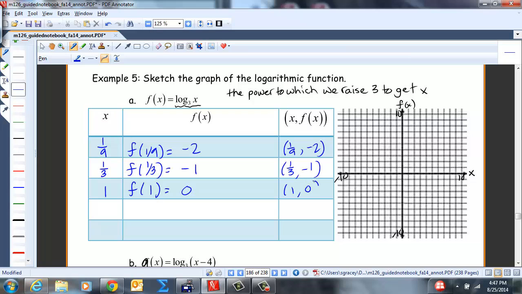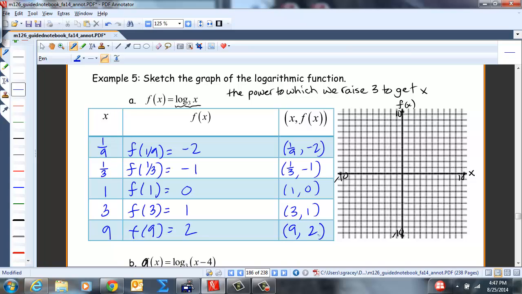So 1, 0. And then 3, the power to which we raise 3 to get 3 is, great, 1. And then we'll have 9. So f at 9 is the power to which we raise 3 to get 9, which is 2.